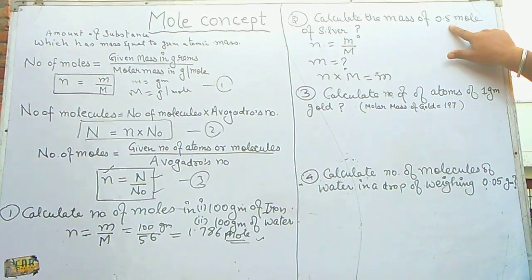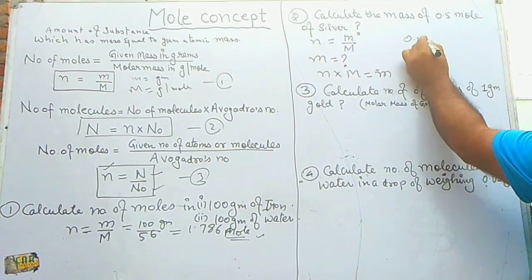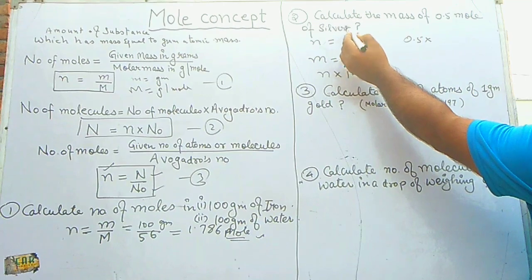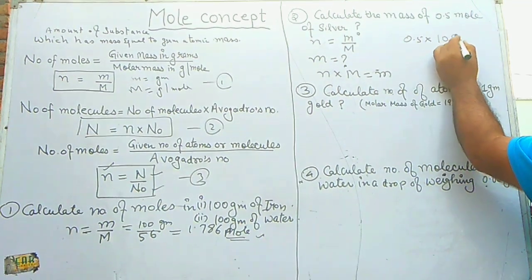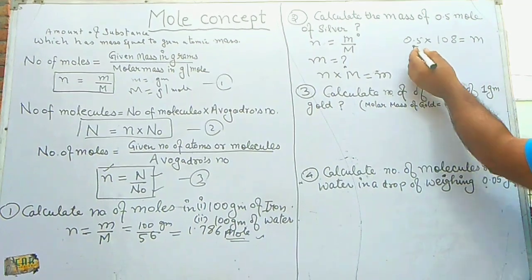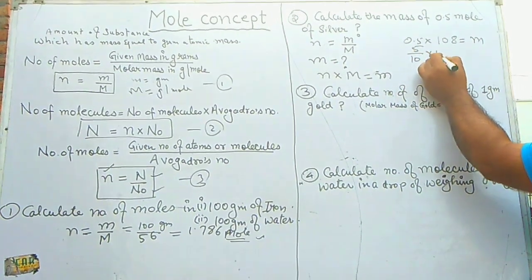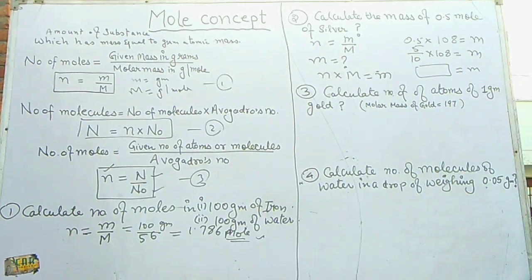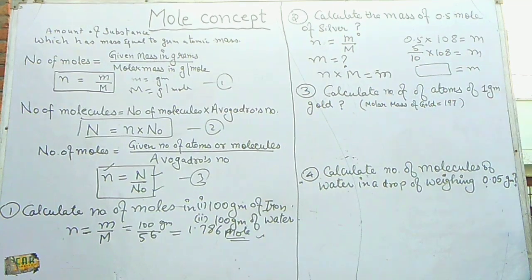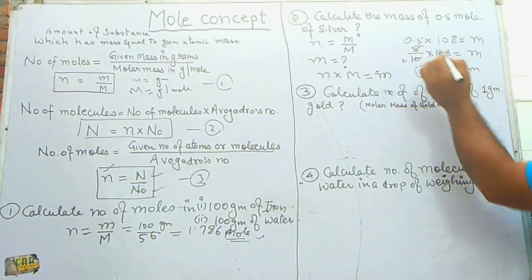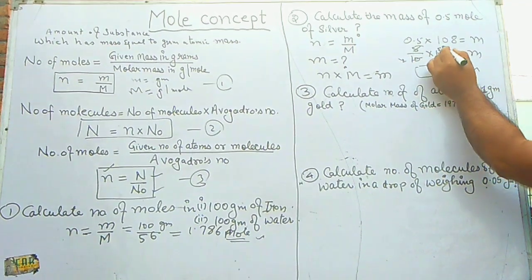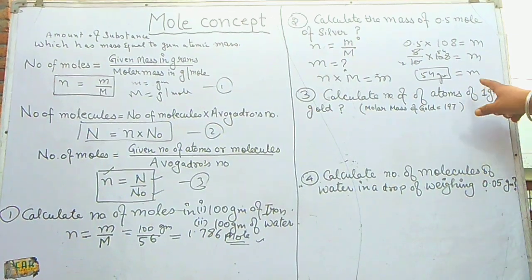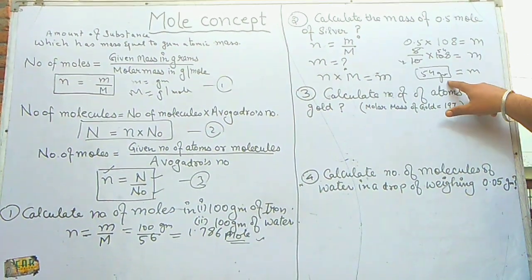The number of moles is 0.5, and the molar mass of silver is 108. We multiply 0.5 by 108, solve it and get the answer, 54 gram. Only the mass we have to find, and the unit is gram.